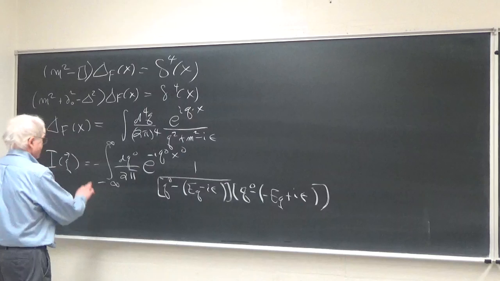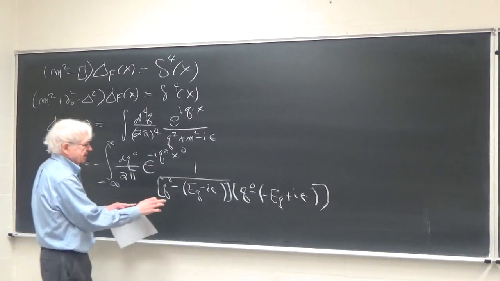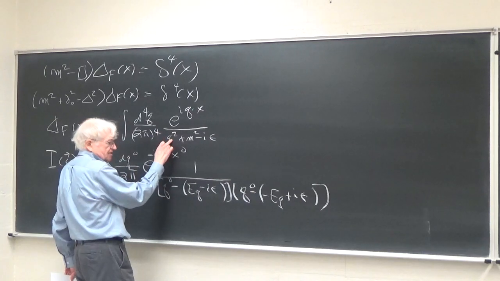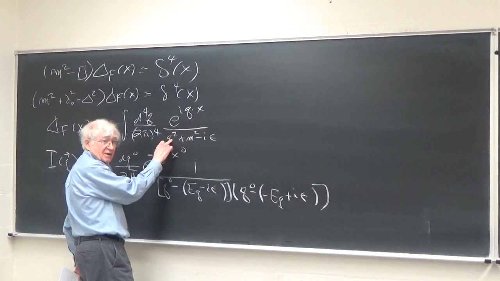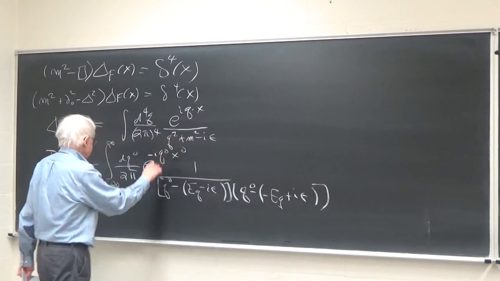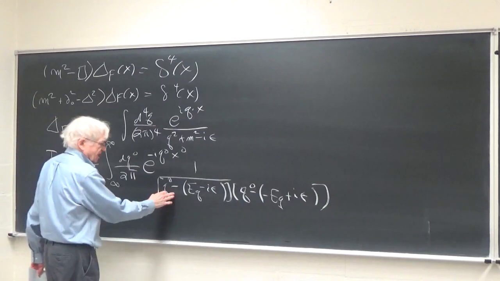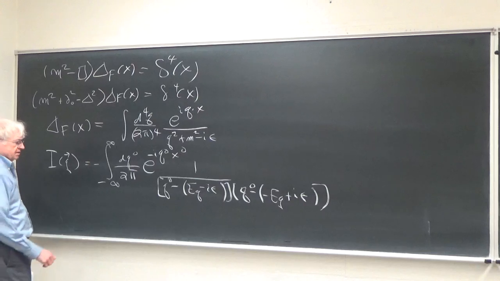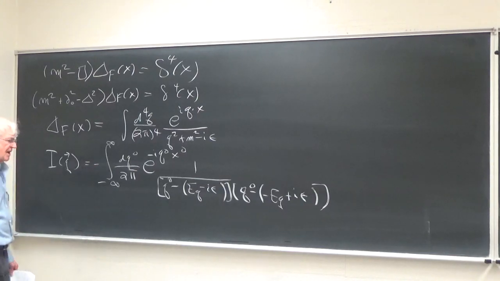So, and this minus sign out in front is because the q0 squared occurs with a minus sign in the denominator. And so if we want it with a plus sign, then we pull out an extra minus sign there.